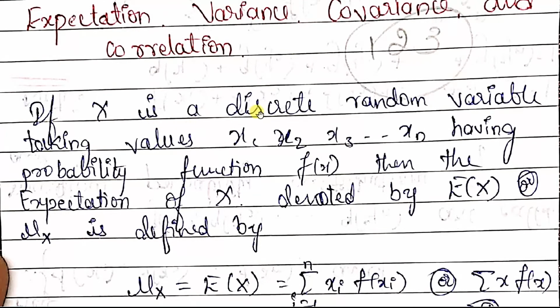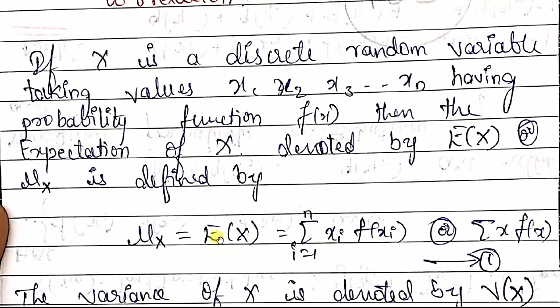If x is a discrete random variable taking the values x1, x2, x3, and so on, xn, having probability density function f of x, then the expectation of x, denoted by e of x or mu x, is defined like this.